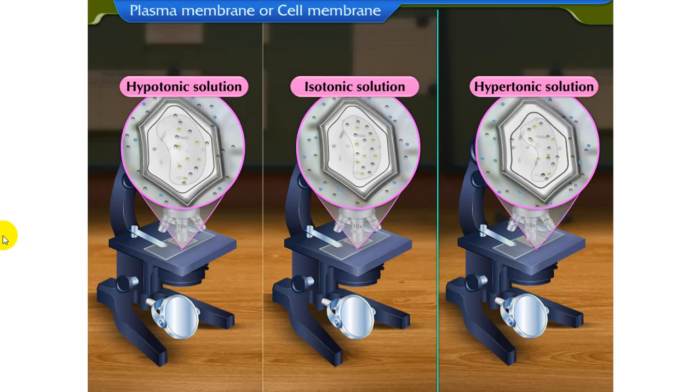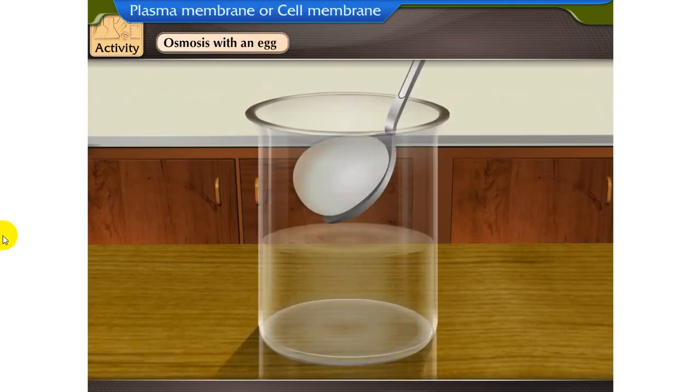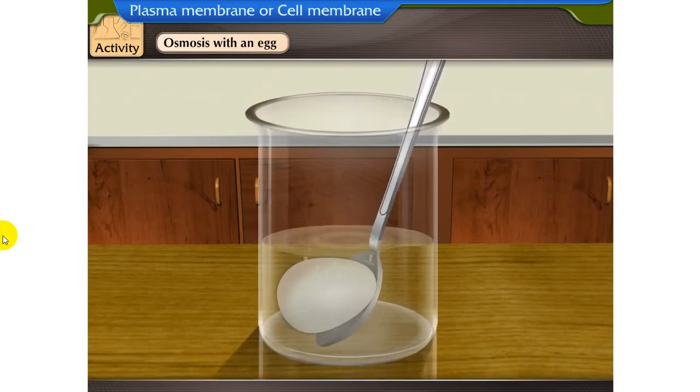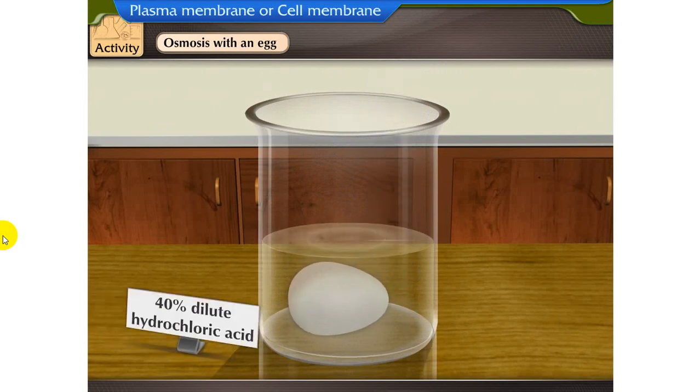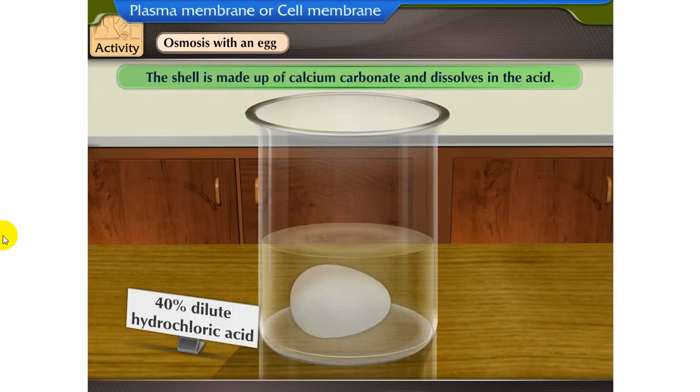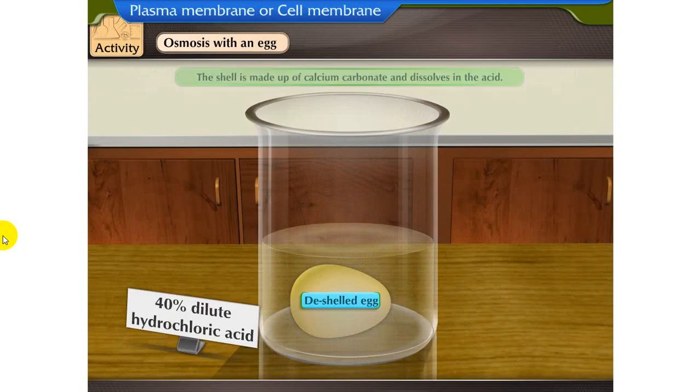Let us understand the process of osmosis with the help of an activity. Activity: Osmosis with an egg. Remove the shell of an egg by dissolving it in 40% dilute hydrochloric acid. The shell is made up of calcium carbonate, hence dissolves in the acid.